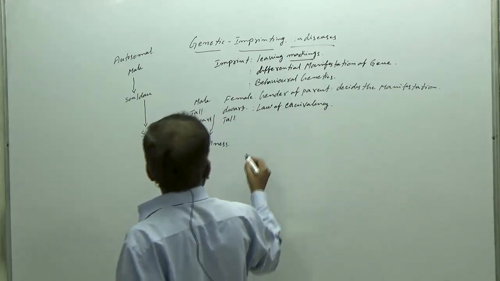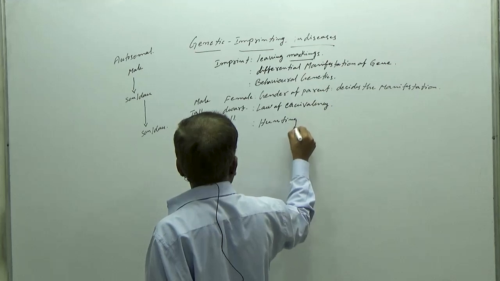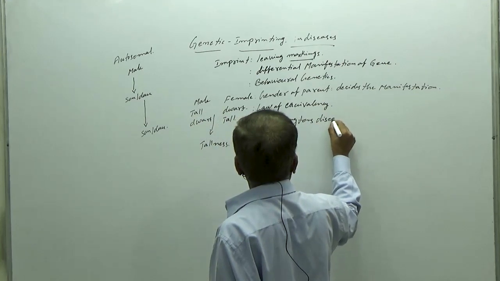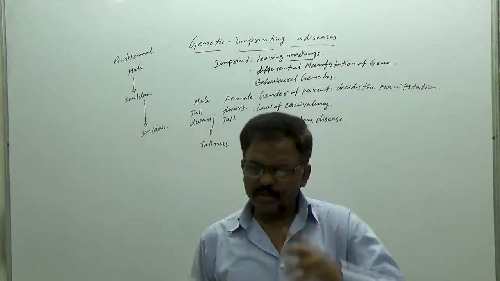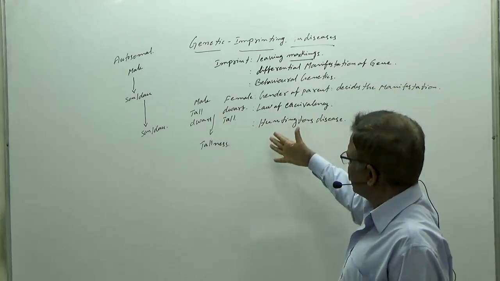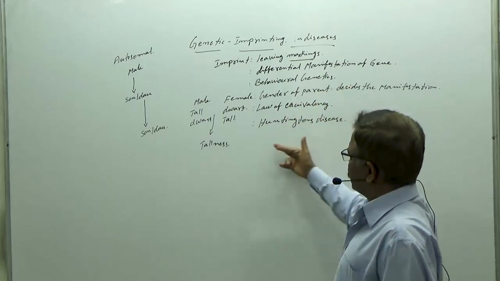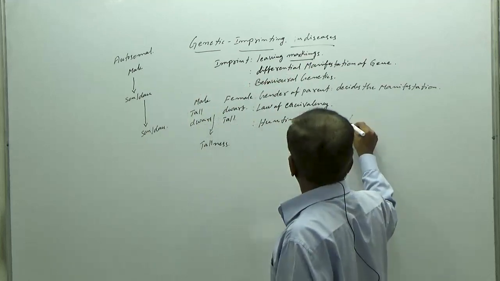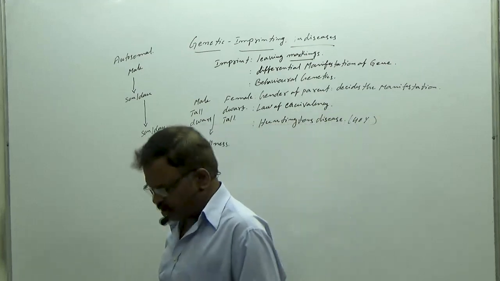Say for example, Huntington disease. Huntington disease is an autosomal disease, is it? So neuromuscular degradation, is it? Gradual degradation of the neural cells that leads to loss of memory, amnesia, and even number of neural problems. Finally, that leads to death of an individual, is it? Almost the symptoms arise after 40 years, in between 40 to 60, of course.